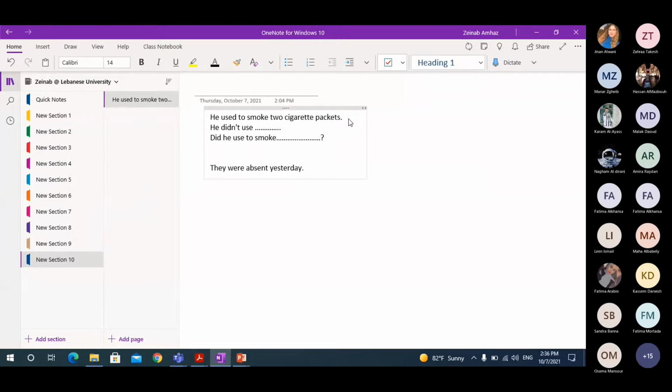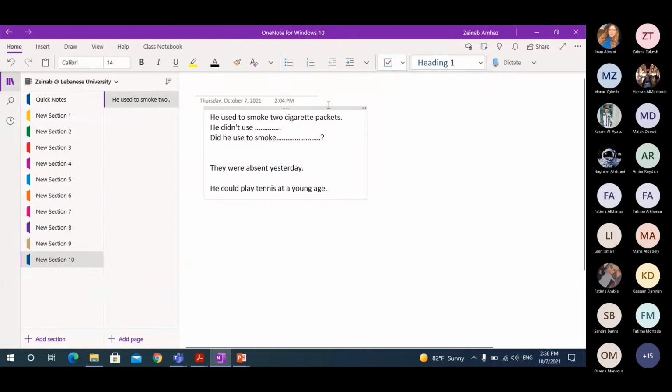If I want to ask, were they, because we have verb to be. If we have a modal, for example, he could play, let's say, tennis at a young age. If I want to form the negative, we say he couldn't. In the question, could he play, etc.